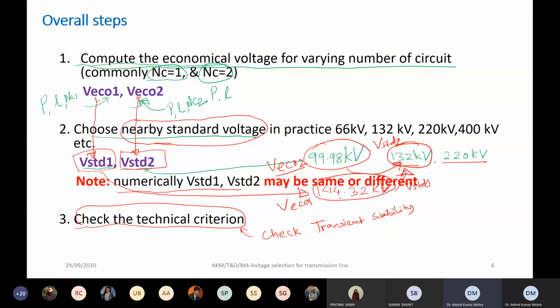So that's why in a distribution system, line lengths are smaller, whereas for a transmission system, line lengths are longer.